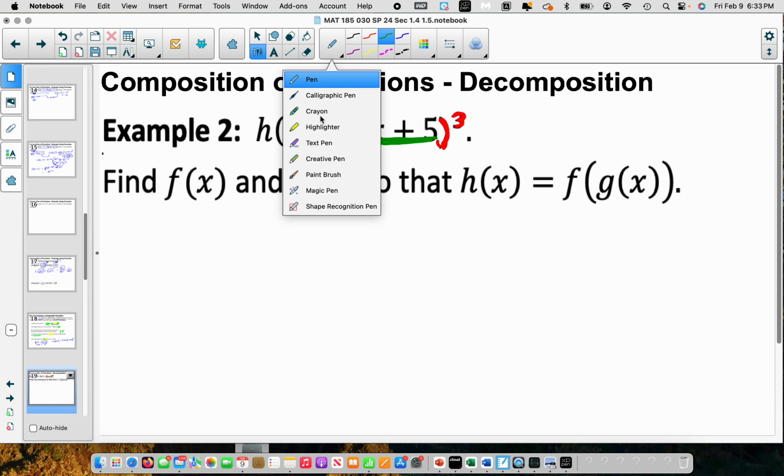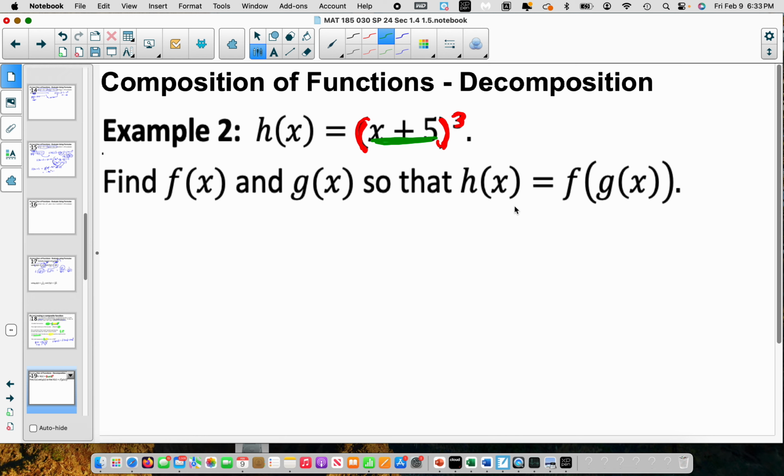Okay, so if I were to decompose it, I could say g of x, my inside function, is equal to x plus 5.